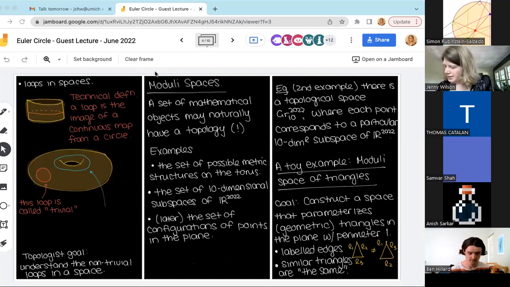Okay, so the next feature of spaces that is commonly studied by topologists are... oh, there's a question I see. Are there any non-trivial examples of not connected spaces? Absolutely, there are tons.